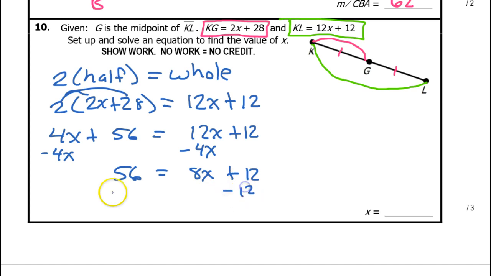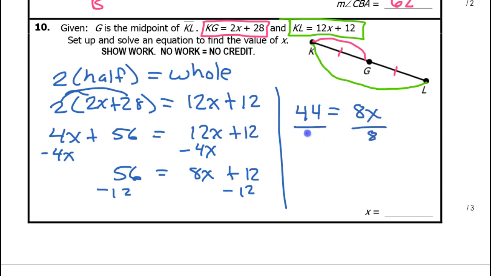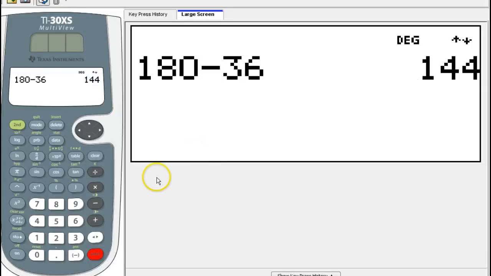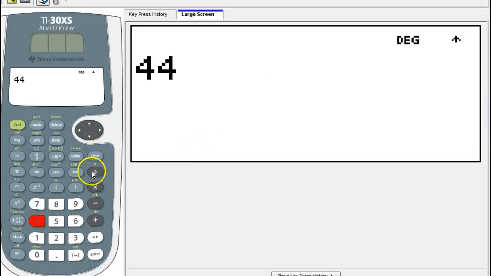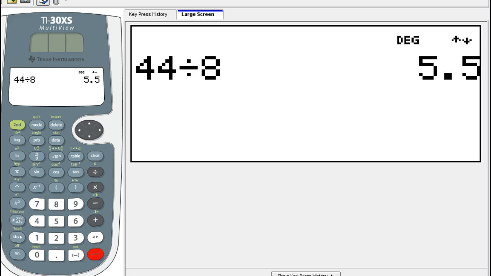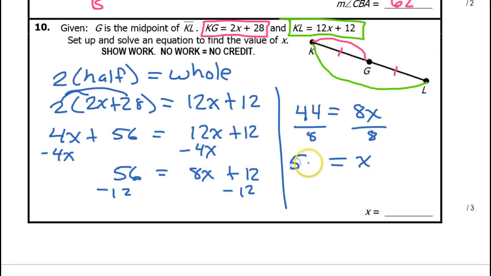And then we need to subtract 12 from both sides. So that's going to make 44. So then we have 44 is equal to 8x. And of course then we will divide both sides by 8. And 44 divided by 8 is 5.5. Okay, so x is 5.5.